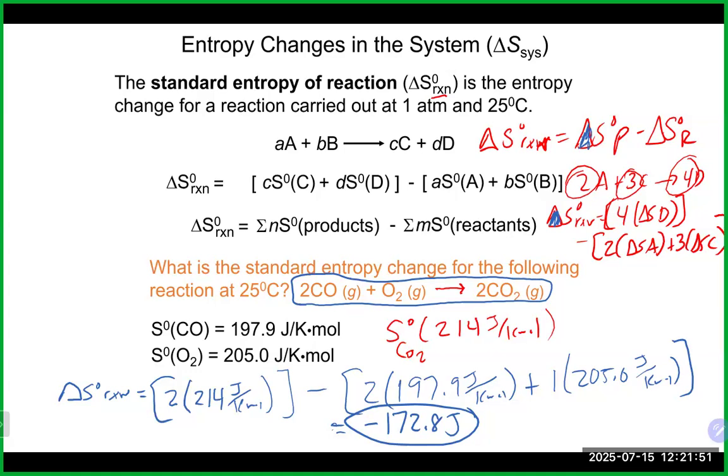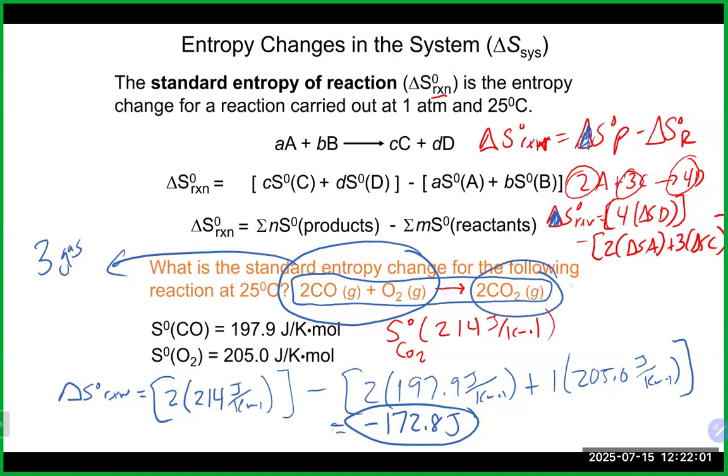So for example, if I look over here on my reactant side, I have a grand total of 3 gas molecules that I'm starting with. If I look on my product side, I have 2 gas molecules. So I went from a situation where I had 3 gas molecules flying around to a situation where I only had 2 gas molecules flying around.